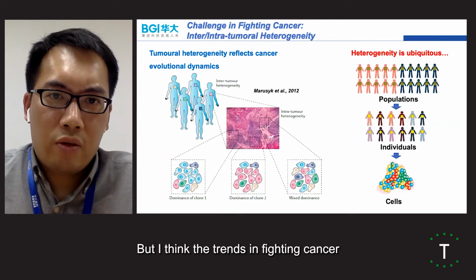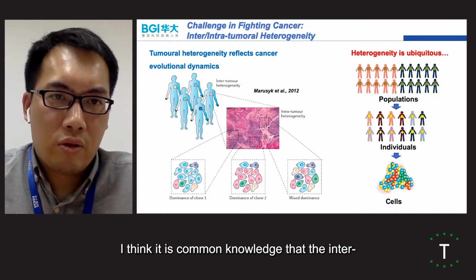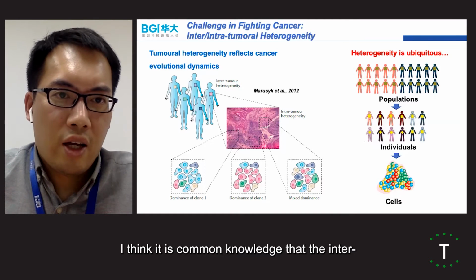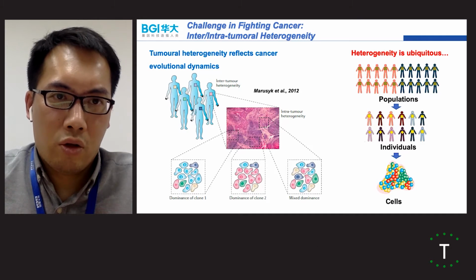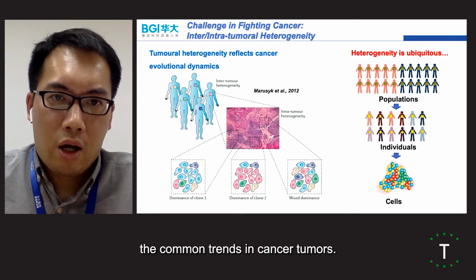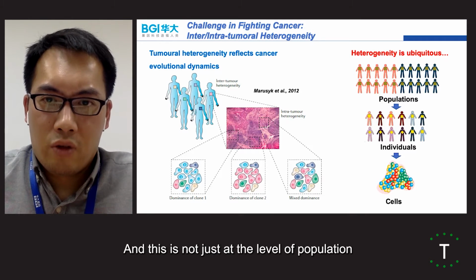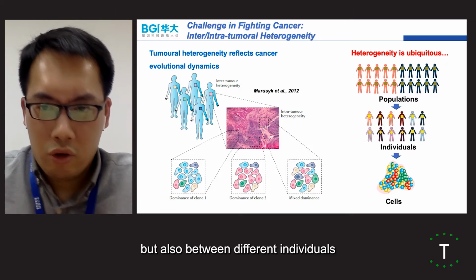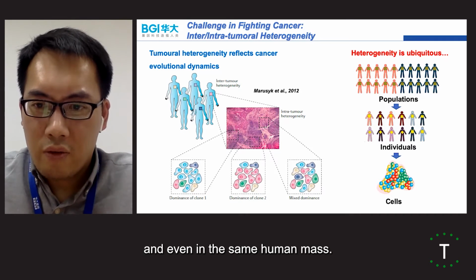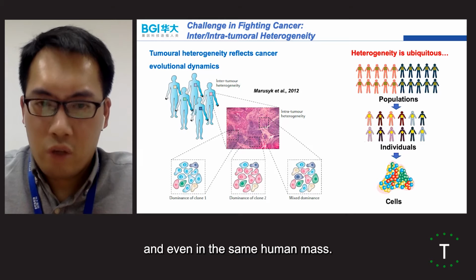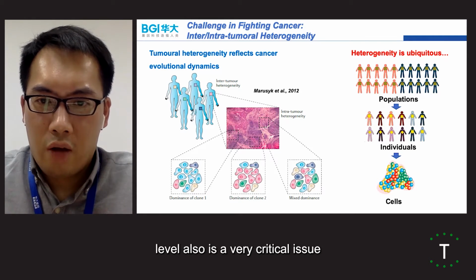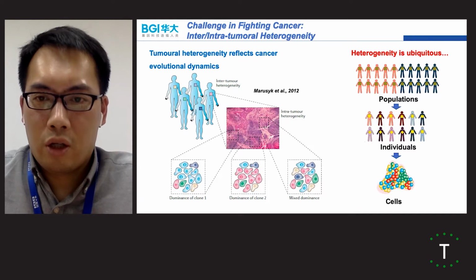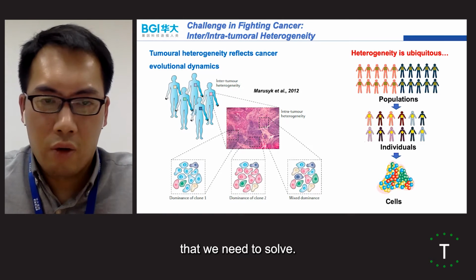But I think the challenge in fighting cancer, the common knowledge is that the inter- and intratumoral heterogeneity is the core challenge in cancer treatment. And this is not just at the level of population, but also between different individuals. And even in the same tumor mass, the intratumoral heterogeneity at the single cell level is also a very critical issue that we need to solve.